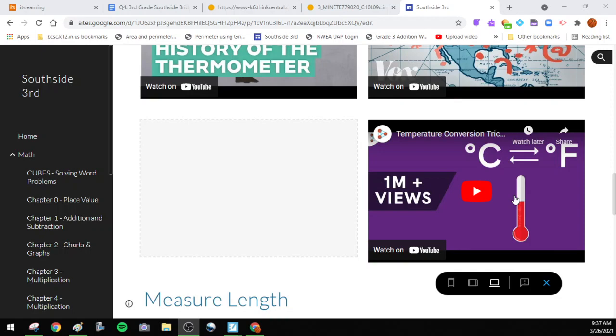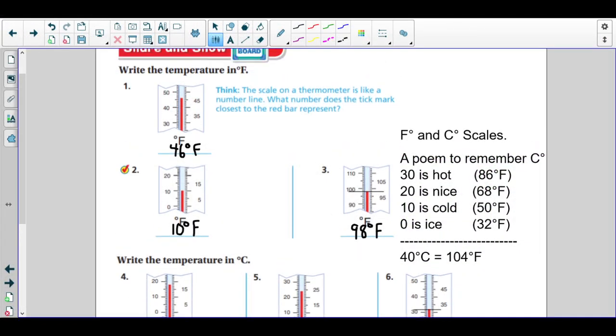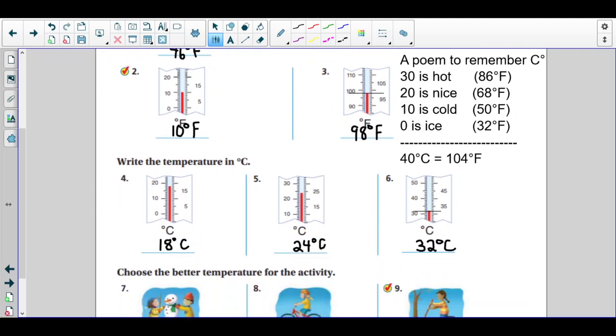So if you wish to continue with this challenge, go ahead and pause the video right now, watch that video, and then come back here. And what we're going to do is take these temperatures that we just found and convert them into their opposite scale. So go ahead and pause the video now, watch that other video, and then come back here in just a bit.